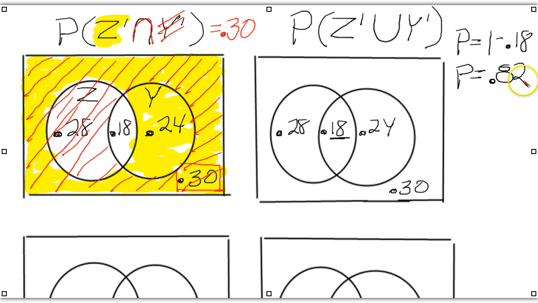Yes, 0.82 is much better. 0.82 plus 0.18 is 1.00. So we can use the same diagram. We get the same results, but now because of union, we're going to take everything that's colored, not just where they intersect.